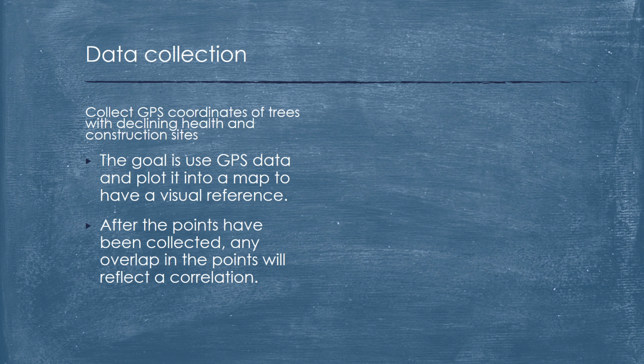That way we could visualize the actual distribution of trees with poor health around campus. After the points were collected, we would then be able to see if there was any kind of correlation between construction areas and the trees with poor health themselves.